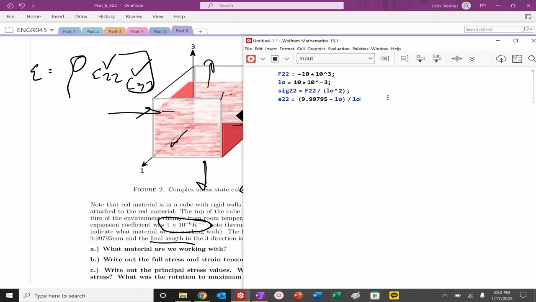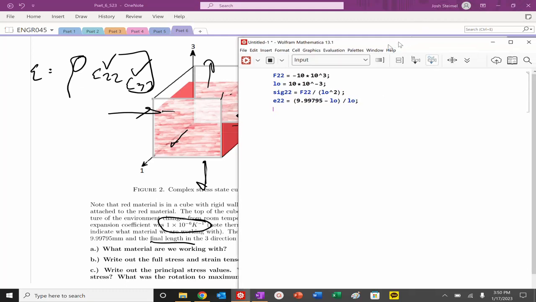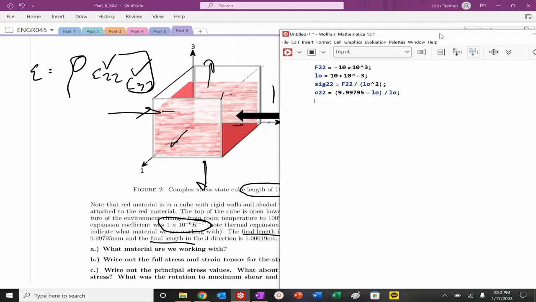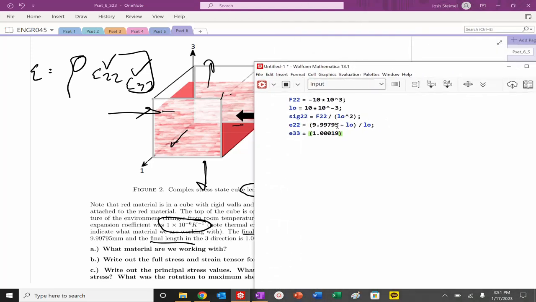And we're also told that my length in the 3 direction, the final one, so let's do E33 equals 1.00019. And these are all, be careful here. So our L naught, and actually let's do, this is always Y, 10 to the minus 3. So that's millimeters.